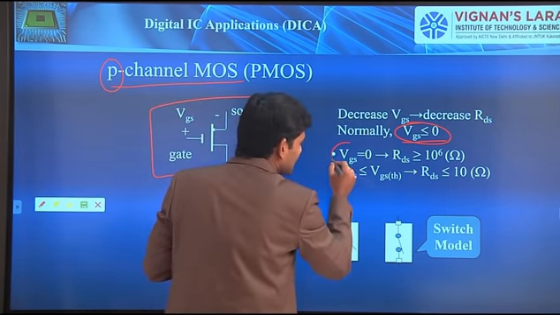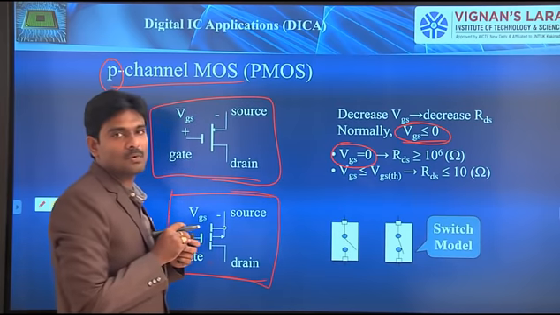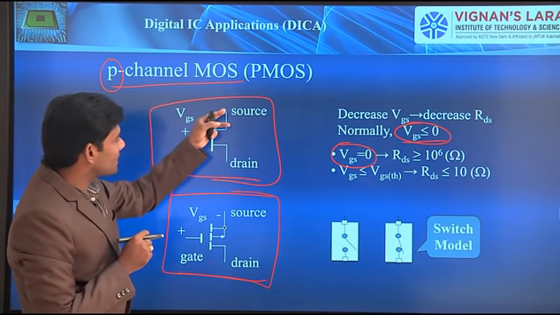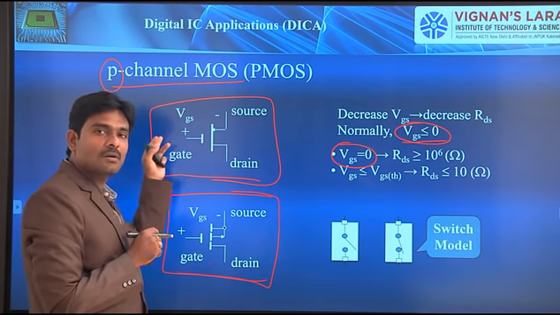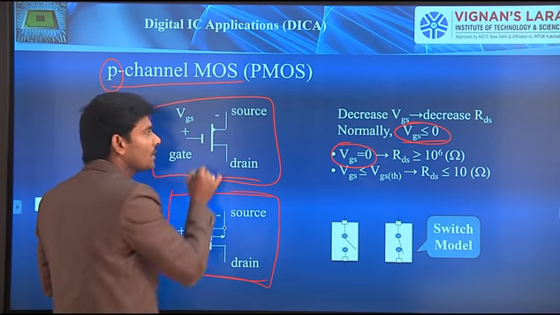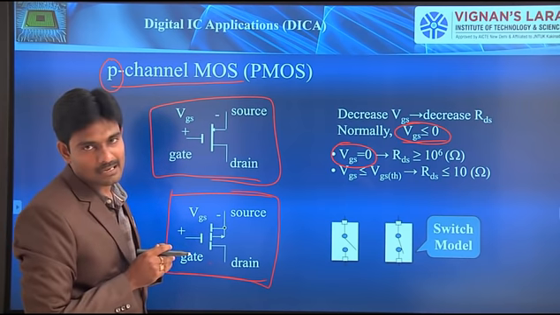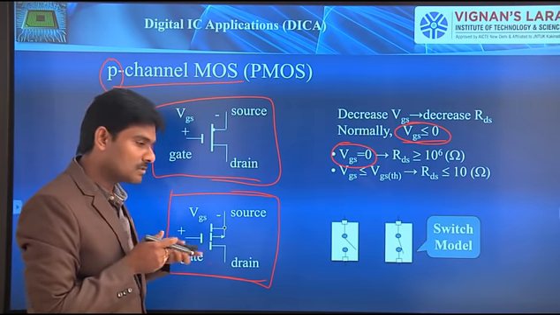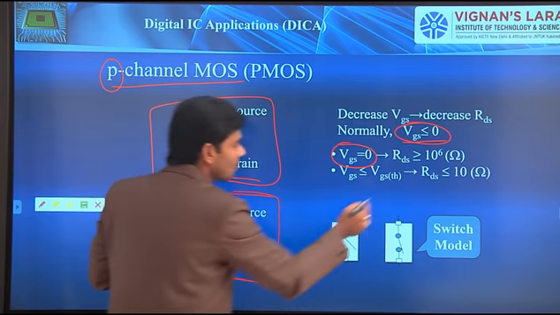Suppose first I am considering VGS equals 0, that means if you didn't apply any gate voltage across this particular one, then obviously a high resistance is going to be present in between source and drain. That value is equal to or greater than 1 mega ohm.